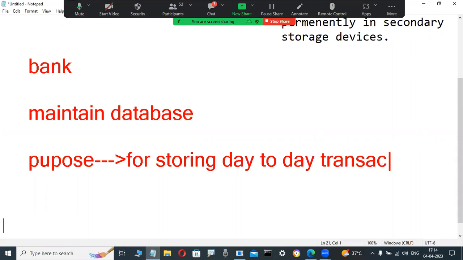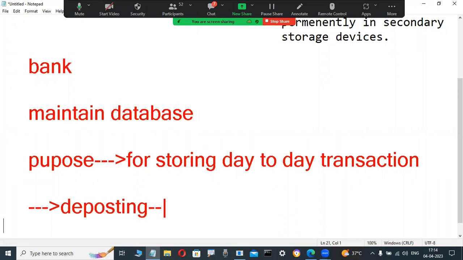Suppose I am also, you are also an account holder. Whenever you go to the bank, you are depositing some money, withdrawing some money, or transferring an amount from one account to another account. These transactions, these changes, are permanently stored on disk.